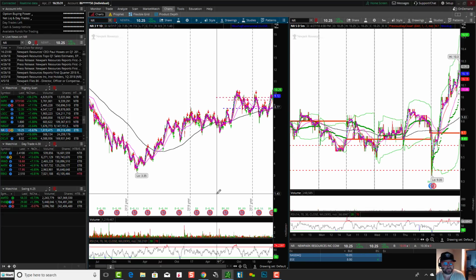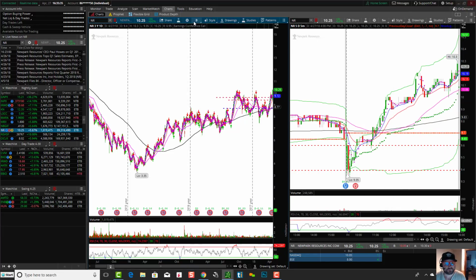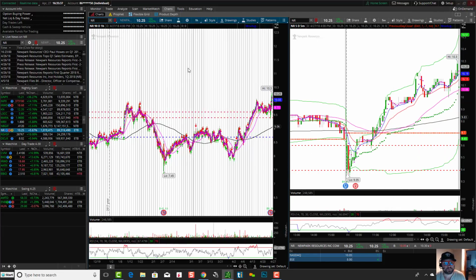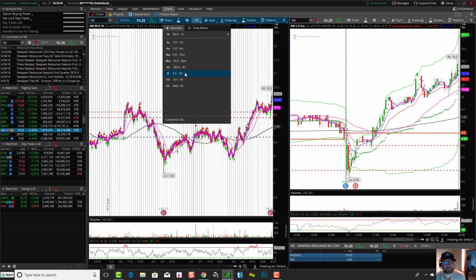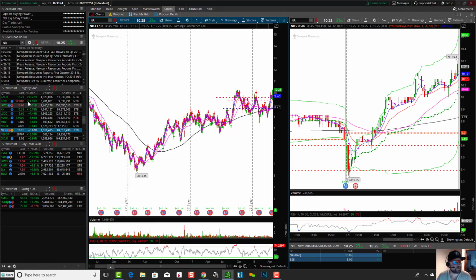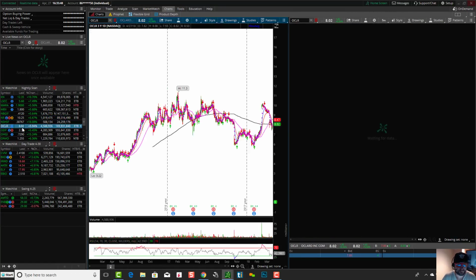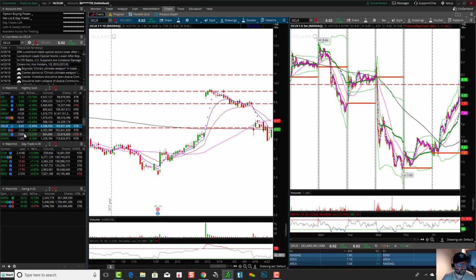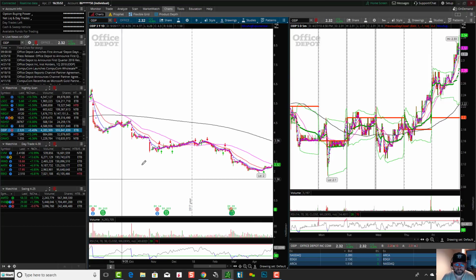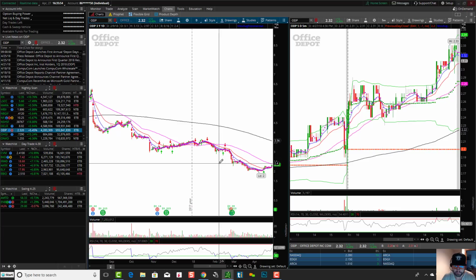No. A little bit overextended for me. No. Possible. So my resistance right there on that 240 range.